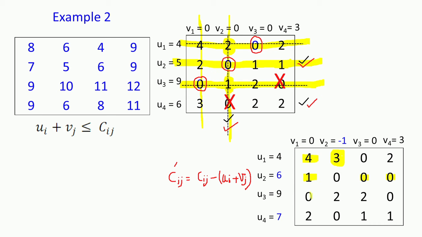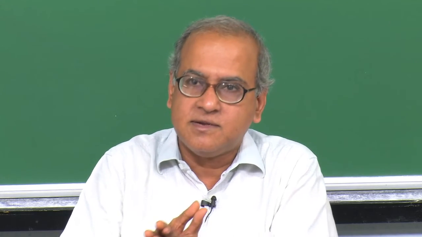If we look at this 1 where 2 has become 1, ui plus Vj is 6 plus 0, 6, 7 minus 6 is 1.